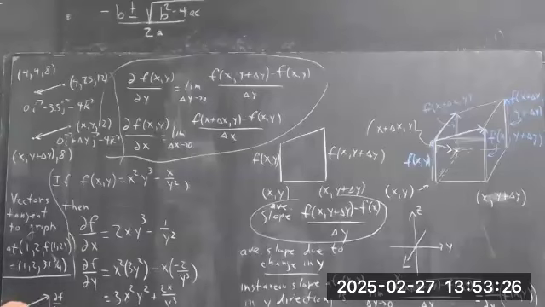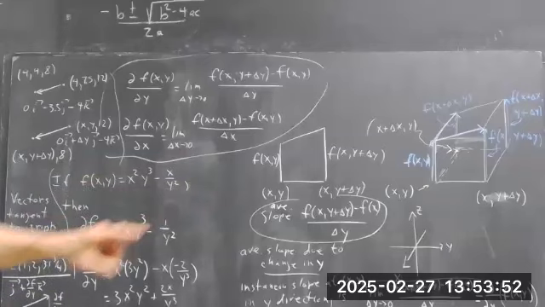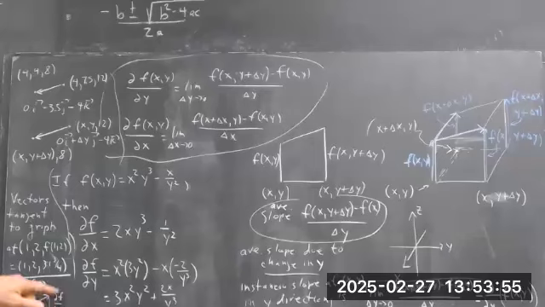And what's this vector? It's one unit this way, partial f with respect to y this way. It's, sorry, it's j. You've got to go in the j direction, and the slope is partial f with respect to y. So you have this triangle, and it's j plus partial f with respect to y times k.